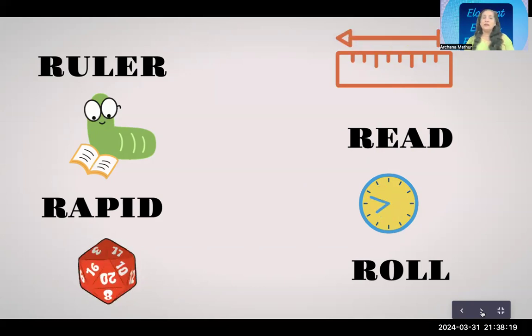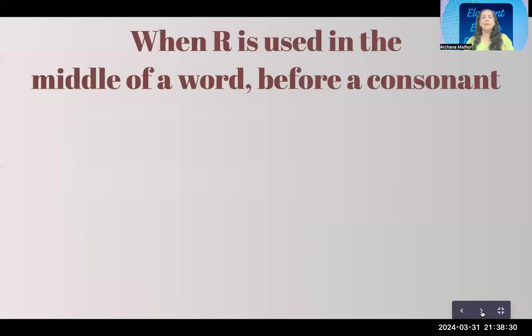Now we come to this letter when it is used in the middle of a word. What's so strange or different about it? When R is used in the middle of a word, that is, before a consonant, the pronunciation becomes different. It becomes subdued.